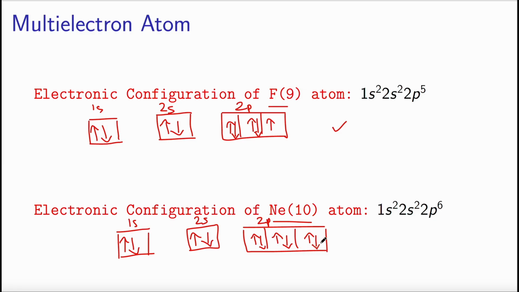So this is neon, and this is again a stable configuration because neon is an inert gas, that is, it does not react chemically. So this has to be a very stable configuration. The energy of this configuration is very low, since it is a stable configuration.